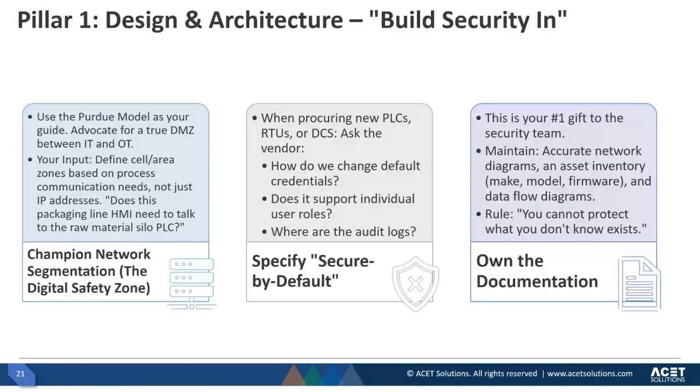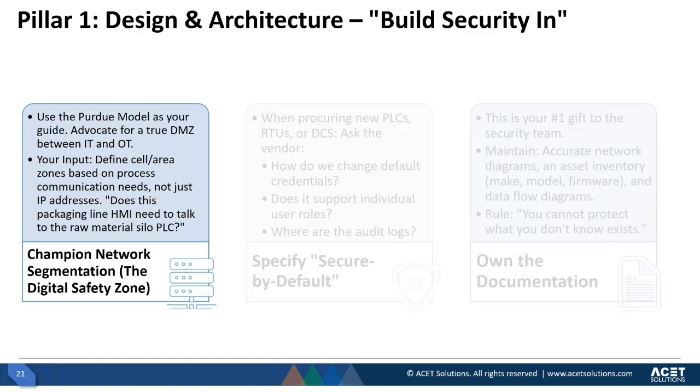So, design and architecture. The design phase is where you have the most leverage. Network segmentation is not an IT preference. It's about containing the disturbance. If malware hits the warehouse network, it should not be able to move into the reactor control system.